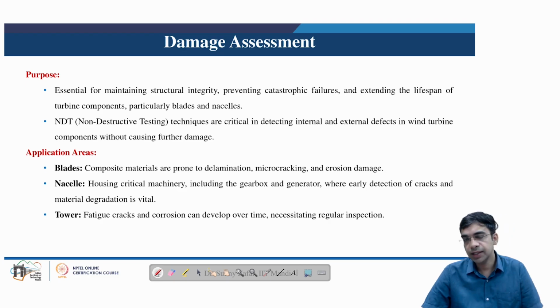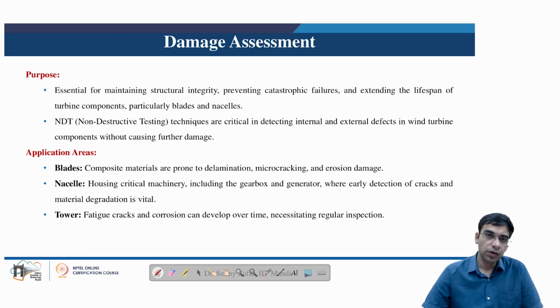As we have seen, the blades are made up of polymer composite materials, which are prone to delamination, micro cracking, and erosion damage. Next is the nacelle. As we have seen, the nacelle houses critical machinery such as the gearbox and generator, where early detection of cracks or damage is vital.